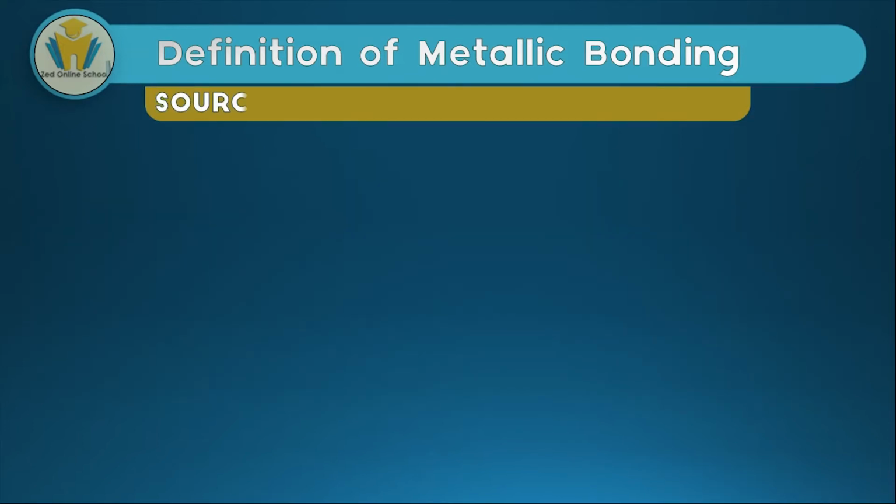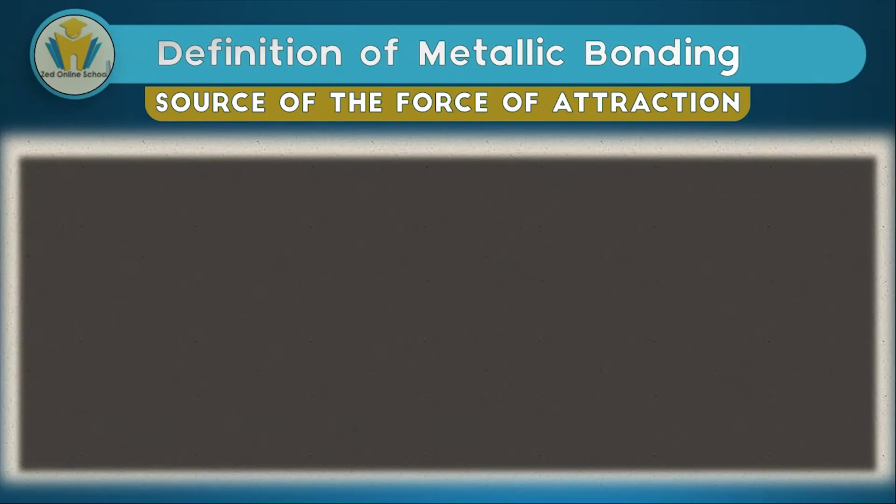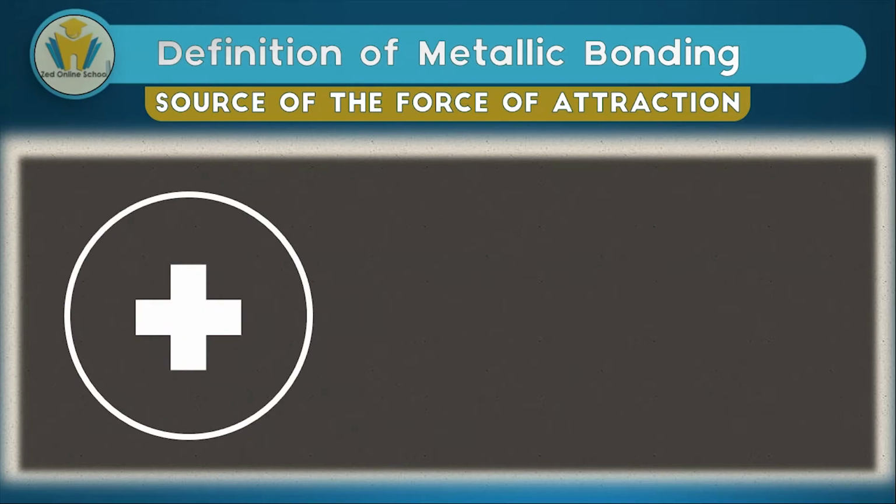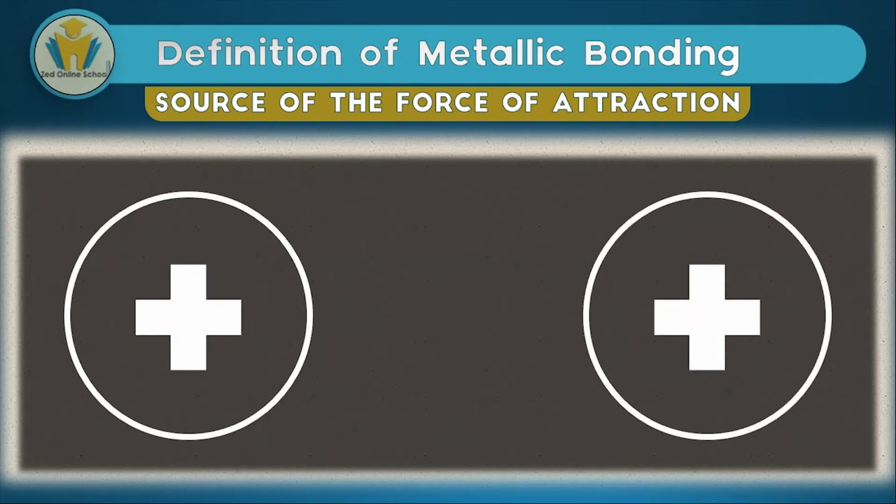Now, it's good to know where this force of attraction comes from. I'll try my best to keep this in the simplest terms. Let's say we have a metal ion here and another metal ion here. The force of attraction comes about because in a metal we've got electrons all around these metal ions. Therefore, these electrons want to go back to these metal ions.